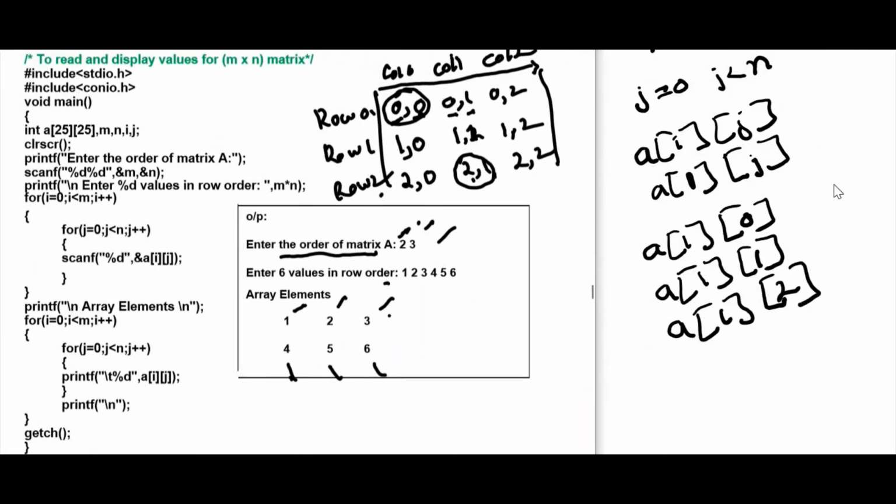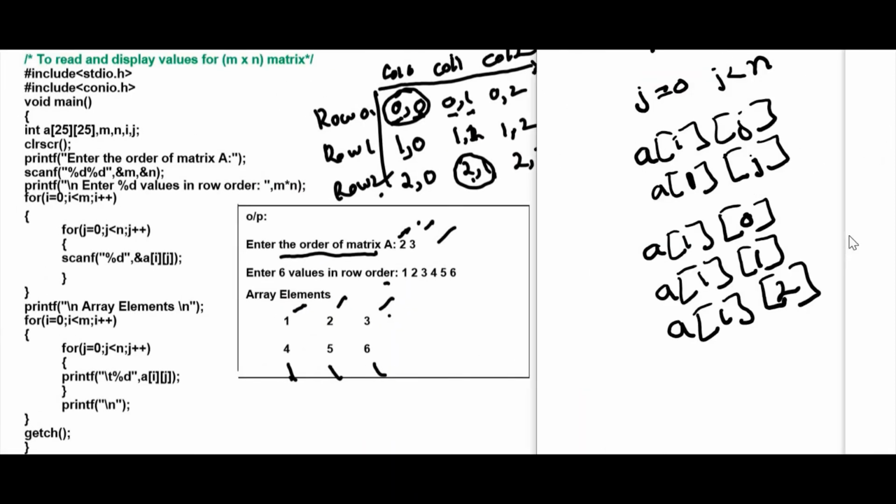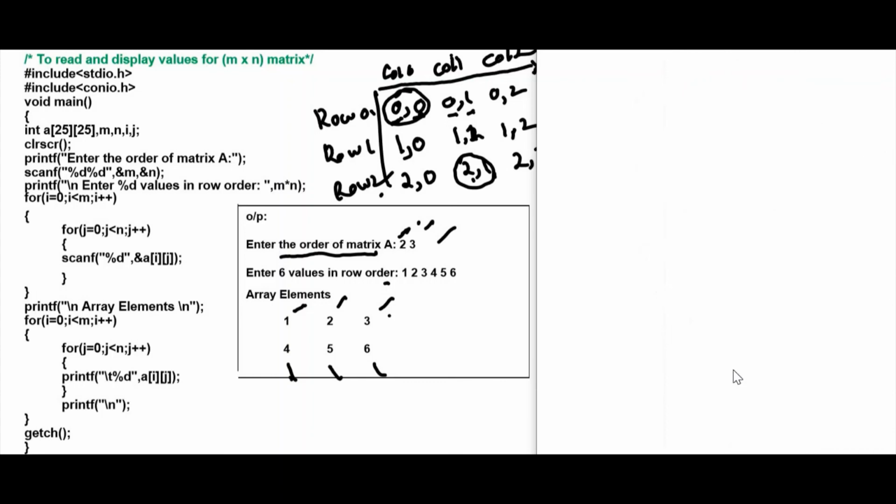Now let's see here. I have values at the array locations 0,0, 0,1, 0,2. I have 4, 5, 6 at array locations 1,0, 1,1, 1,2.